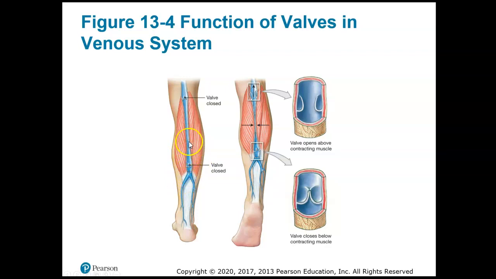Also, once blood moves to a certain level, it won't go backwards through the veins, because veins have valves. Arteries don't have valves, but veins do. So valves will prevent blood from moving backward. And you can also get blood pooling in the veins, and that can lead to varicose veins. That's another thing that can happen with veins.